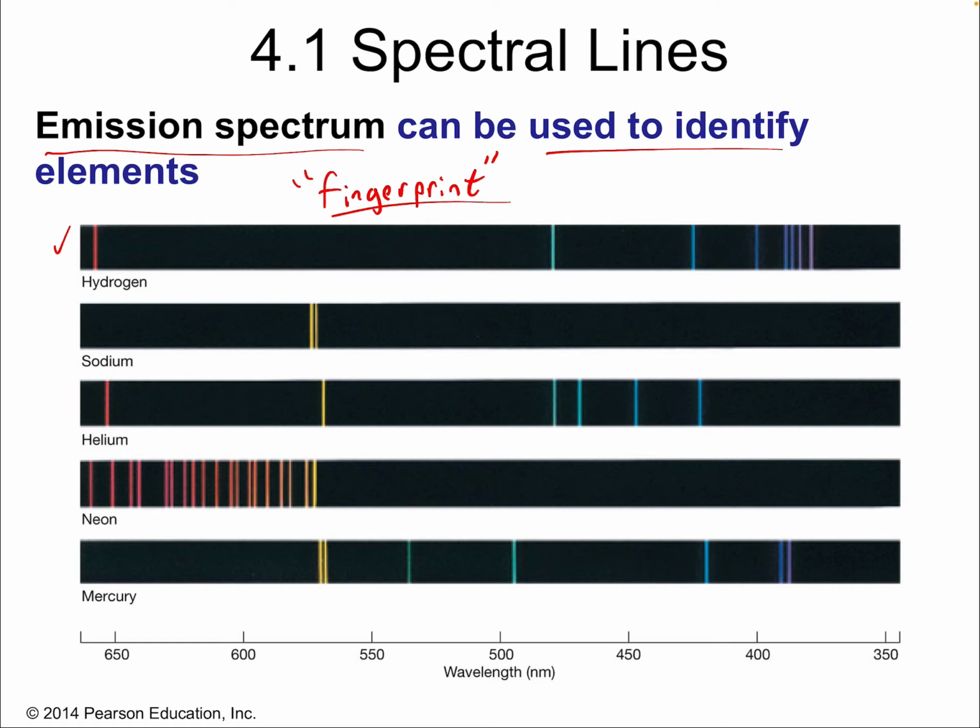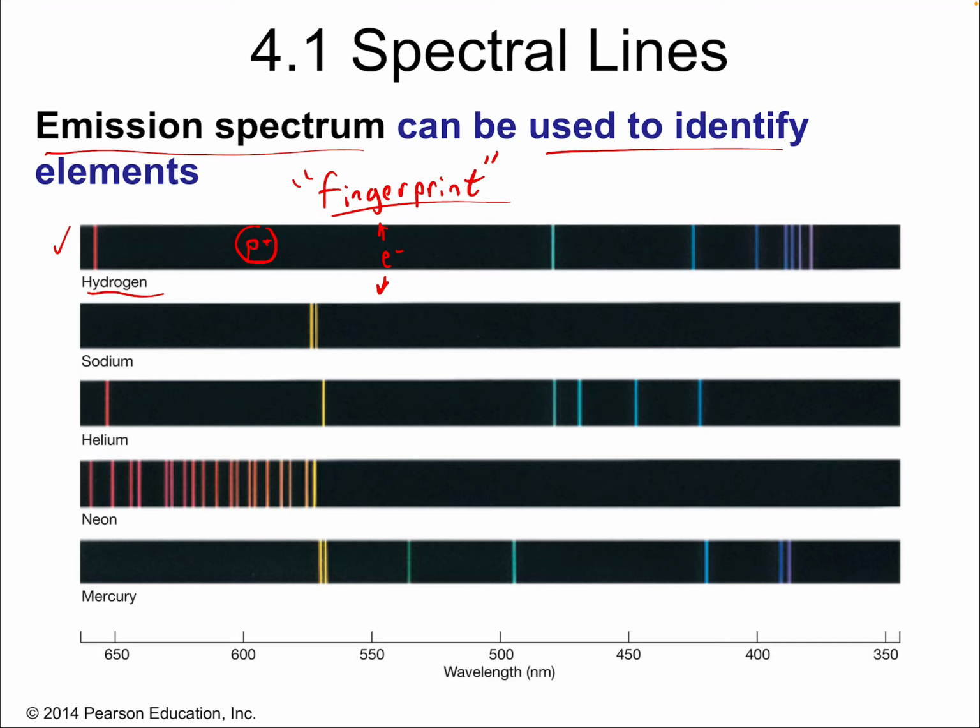Why would hydrogen have such a simple set of spectral lines? Because it is the simplest atom. It's just a single proton surrounded by a single electron. Okay, that's it.